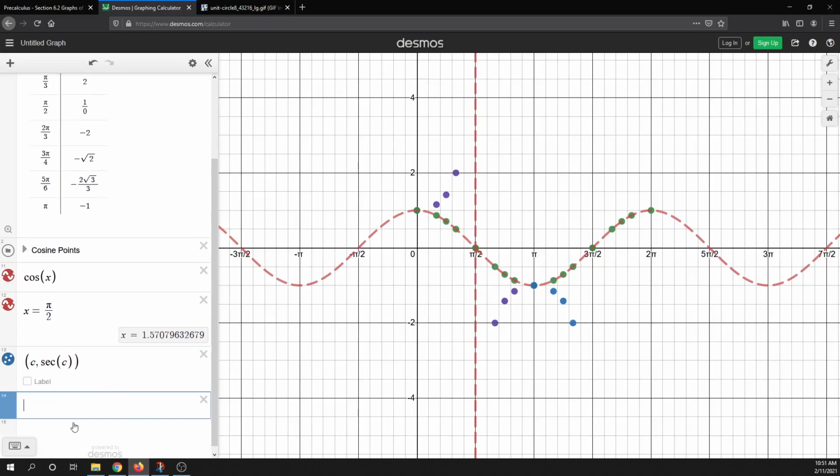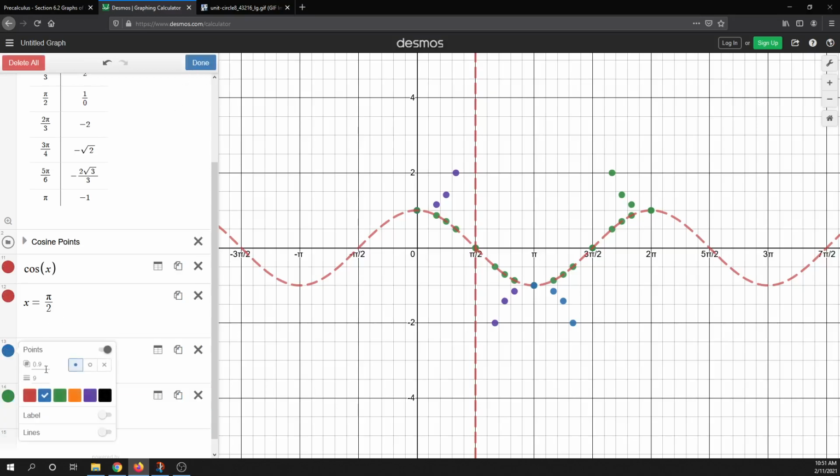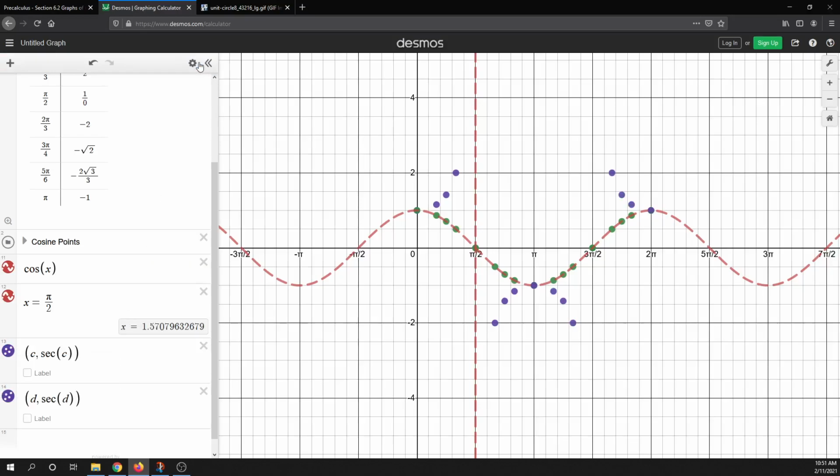All right, and let's color all of those points purple, so they're all the same color. All right, I'm going to turn this off a little bit. All right, so you can kind of see what's going on here.